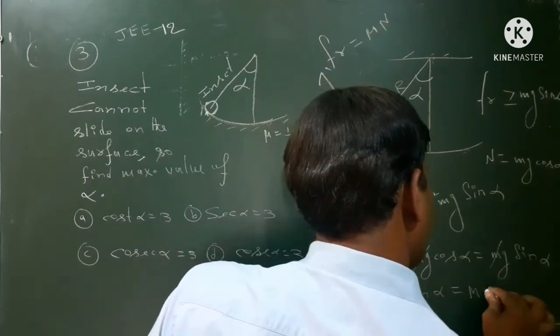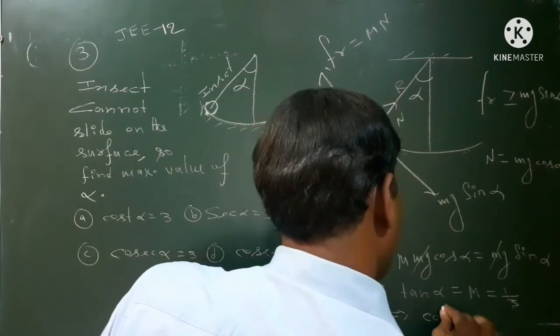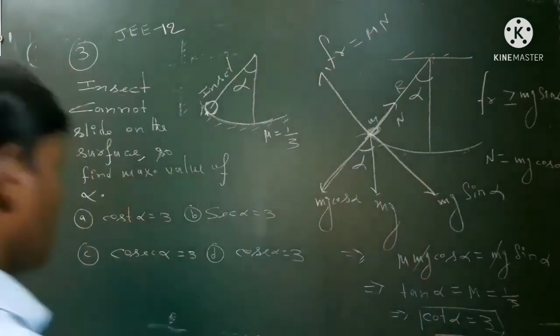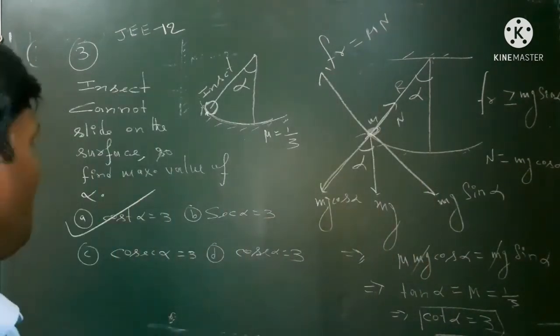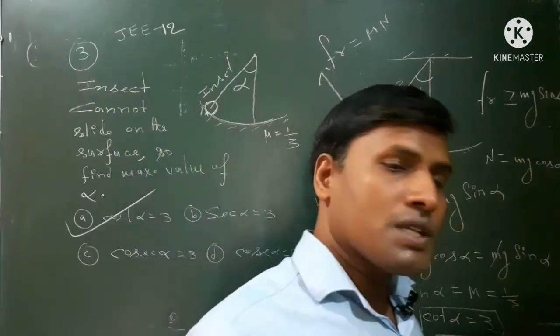Mu is given as 1/3, so cot alpha is equal to 3. That is the answer: cot alpha is equal to 3.